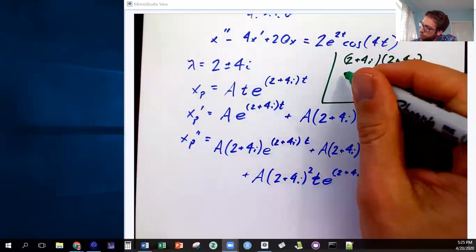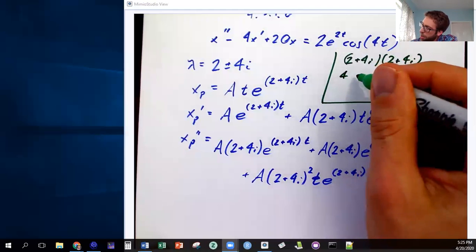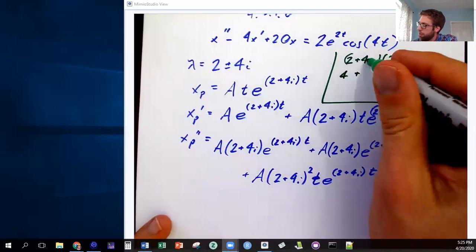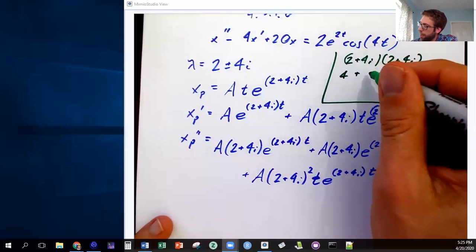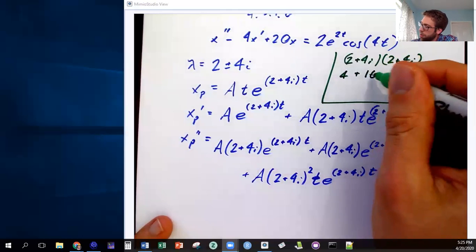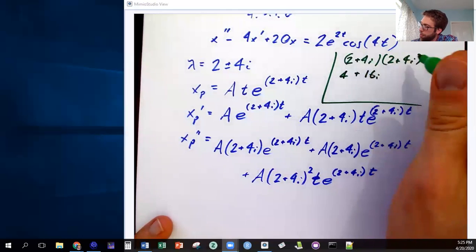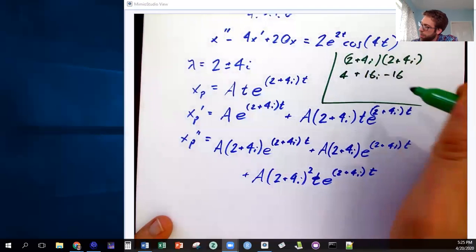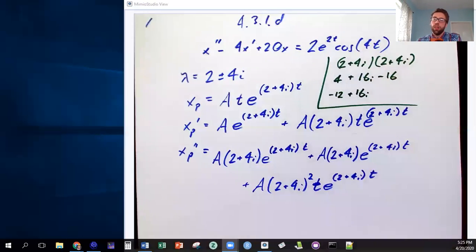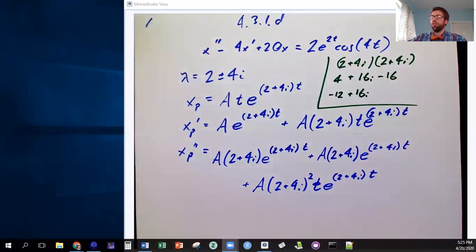Foil that, so I get first term squared, plus twice first term times last term, so that's 8i, 16i, and then last times last would be minus 16. So that's negative 12 plus 16i. Okay. So that little arithmetic is similar to stuff that took us a lot longer, because it's a lot less writing.